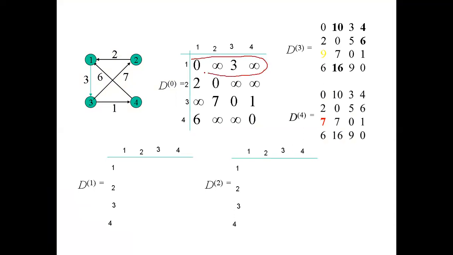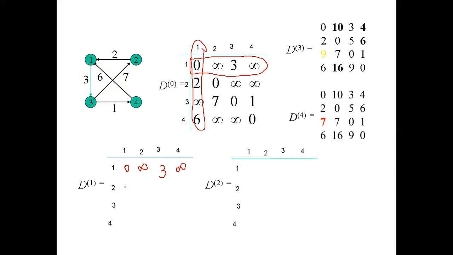First row values of this table are 0, infinity, 3, and infinity. That is written as it is. Similarly, the first column values also we are going to take.